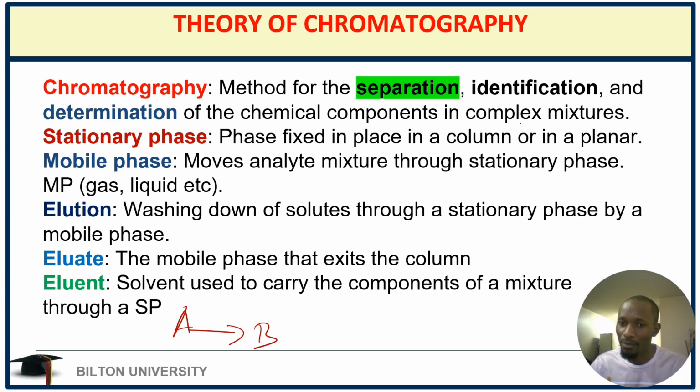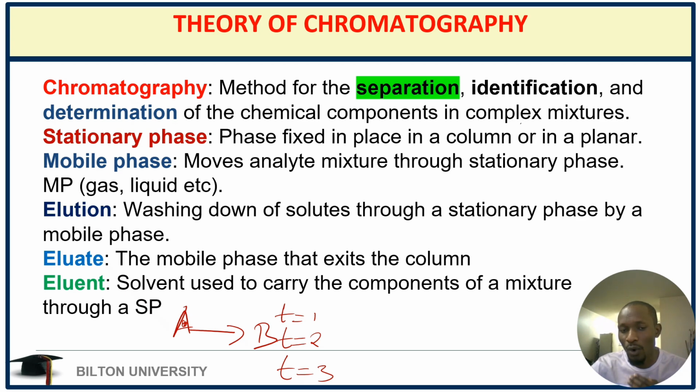So if you put them all together at point A and they move towards point B, at, let's say, t is equal to 1, A has reached point B. At t is equal to 2, B has reached point B. And when t is equal to 3, then C will have reached point B.